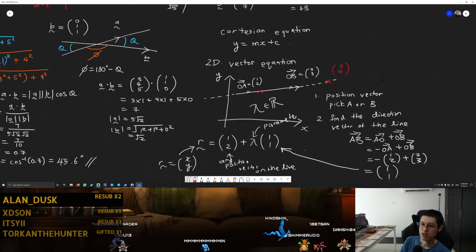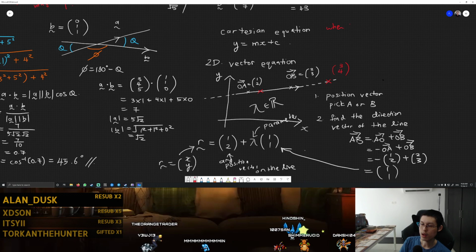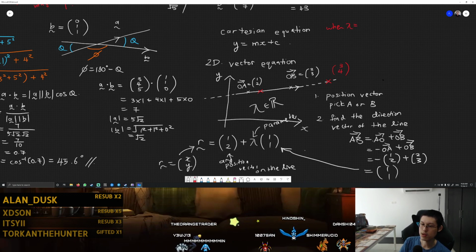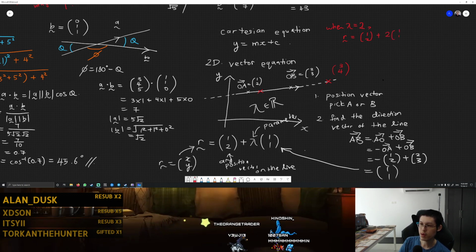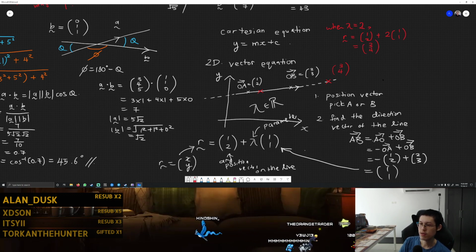When lambda is 2, r is (1, 2) plus 2 times (1, 1), which gives (3, 4).